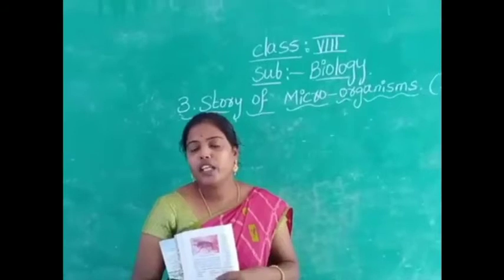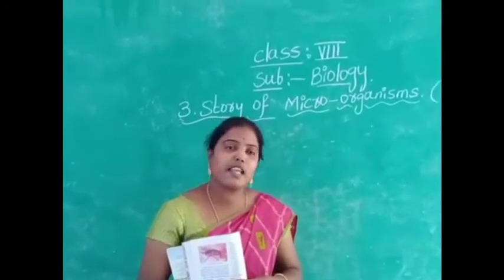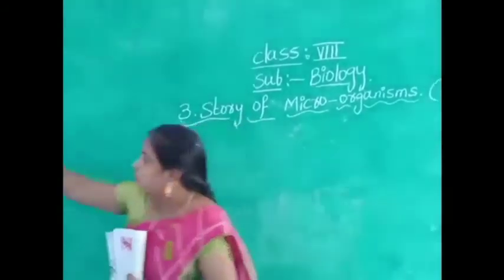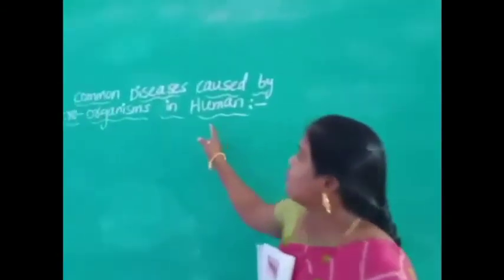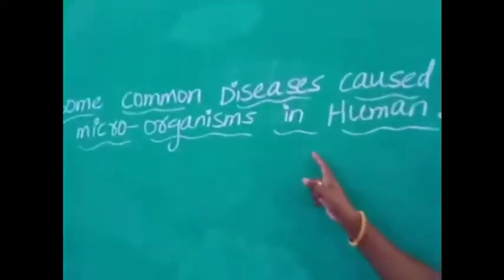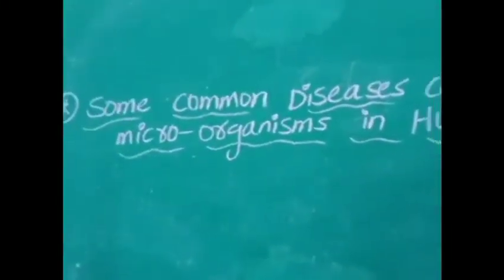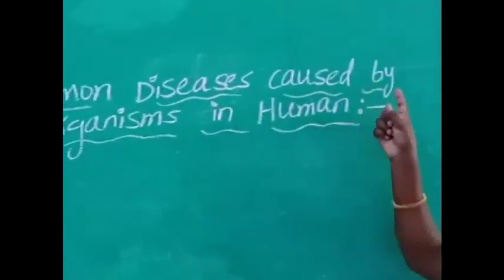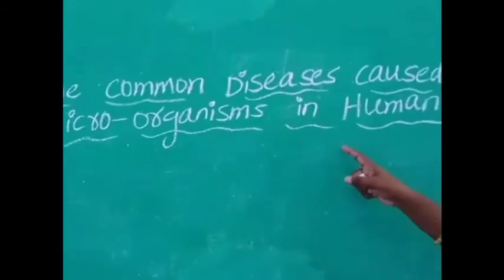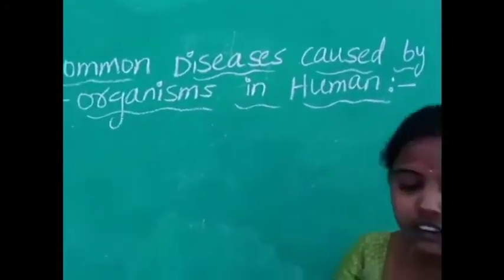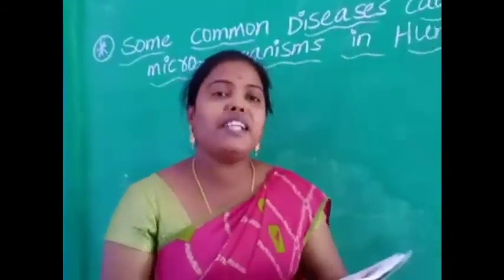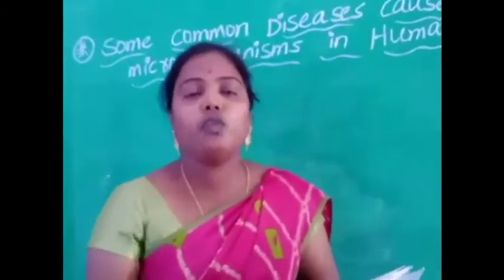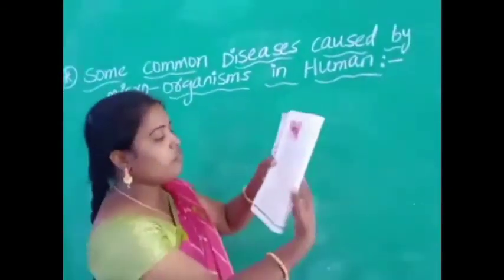So today in our class we are discussing some common diseases caused by microorganisms in human beings. What is our topic today? Some common diseases caused by microorganisms in human beings. Children, all of you open page number 44 in your textbook.